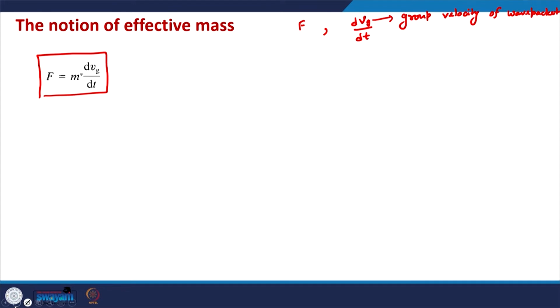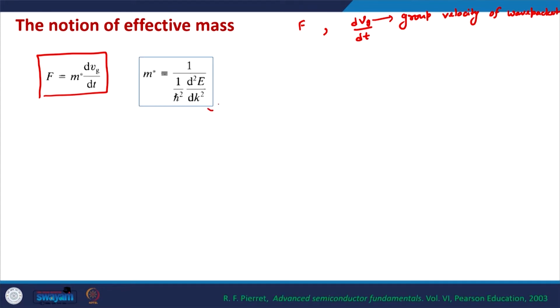And m star is defined in this way. m star is defined by drawing parallels between this equation and Newton's second law of motion. m star is known as the effective mass of electron, or we can also say this is the effective mass of the electron wave packet.